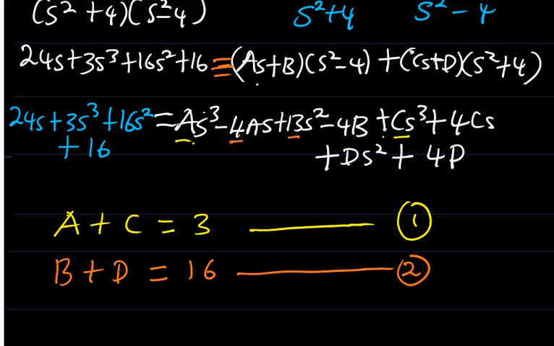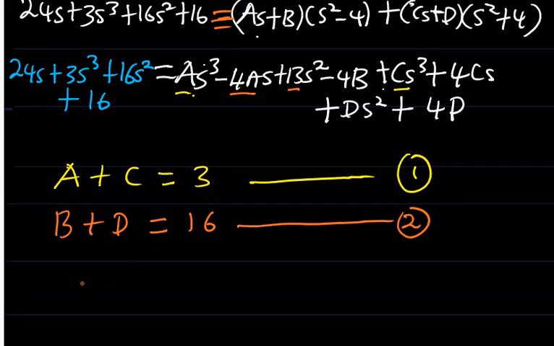Minus 4a plus 4c. Of course, it's equal to 24. Okay. So I'll call this equation 3.